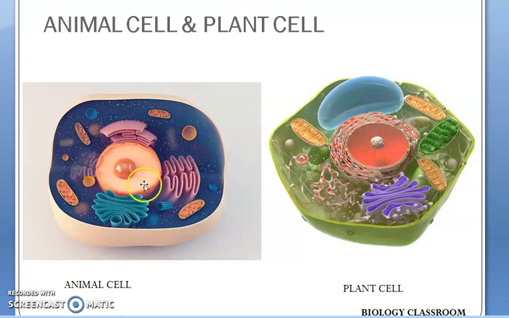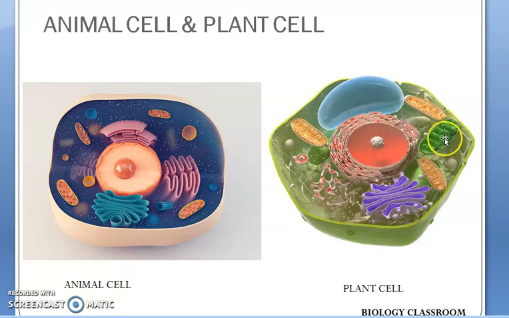Like this is a nucleus that is present in animal cells, and plant cells also have a nucleus. But there are differences also in these cells. Like animal cell is soft and flexible because of the absence of cell wall, and this plant cell is rigid because of the presence of cell wall, right?